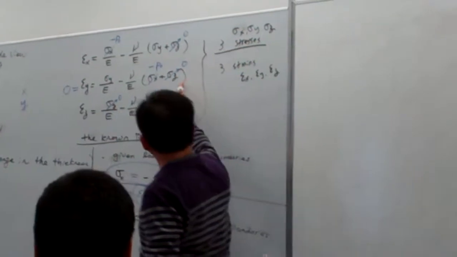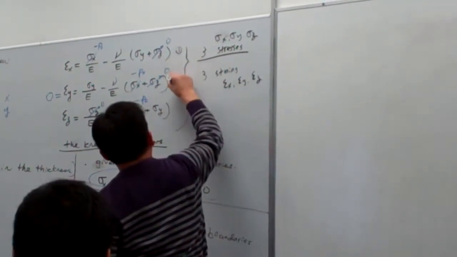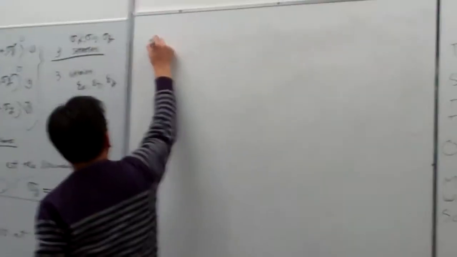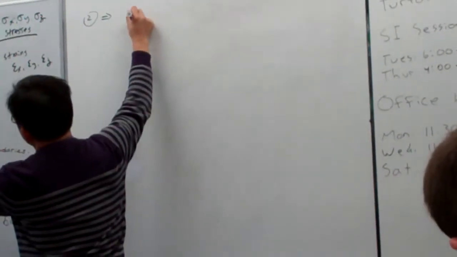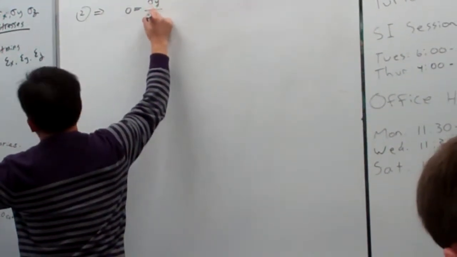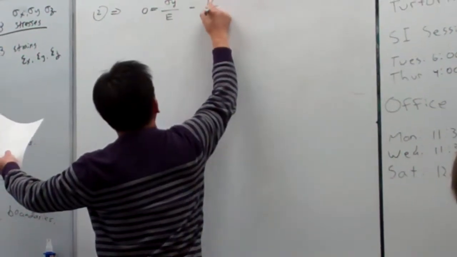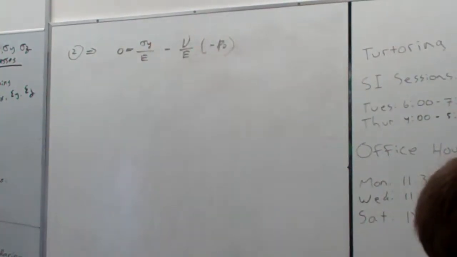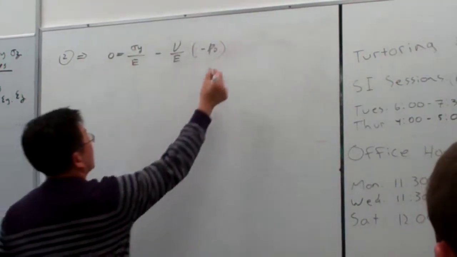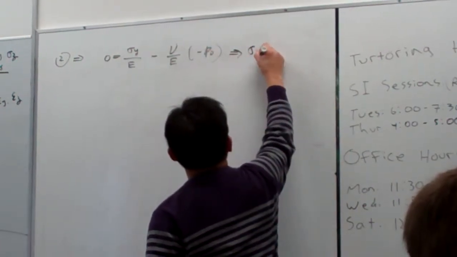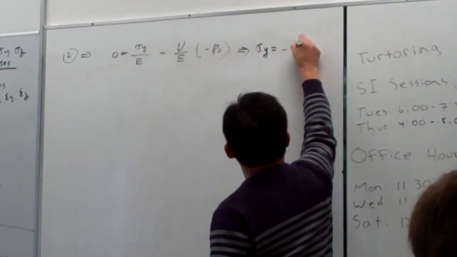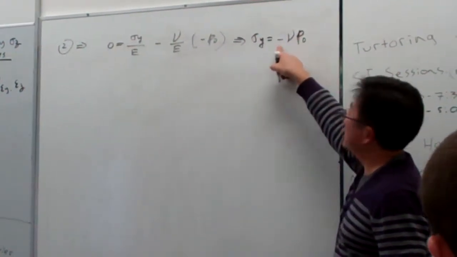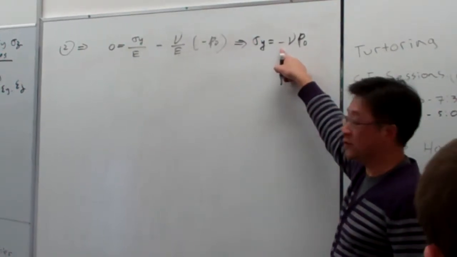Right now, let me call the equations 1, 2, 3. Starting from equation 2, we have 0 equals sigma y over E, simplifying this expression, mu times minus p0. Therefore sigma y will be equal to minus mu p0. The magnitude is this, and compressive is minus automatically.